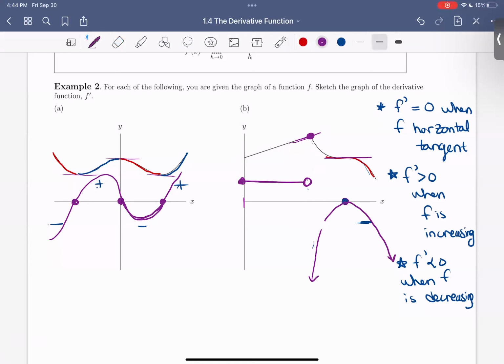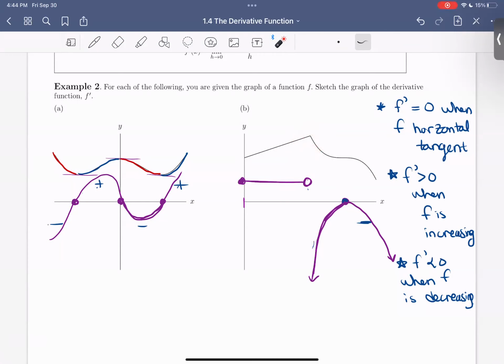So one thing that we can learn from this exercise is that the derivative of a function, or of a graph, is not always connected. We might have jumps like we see here. But in fact, we know exactly when we have jumps. We're going to have a jump whenever we have a corner in our graph.